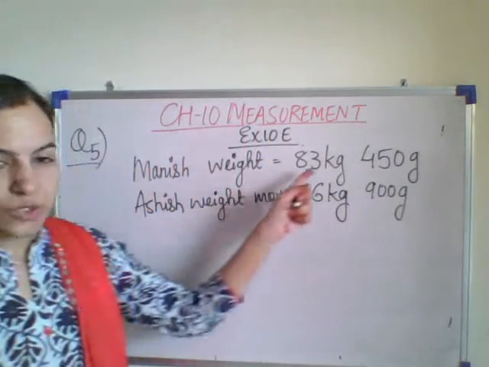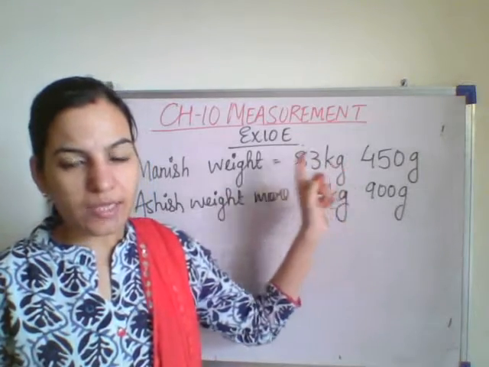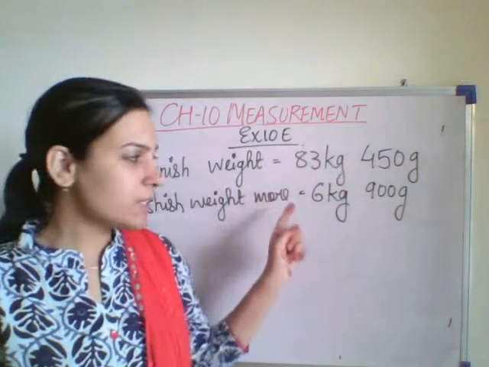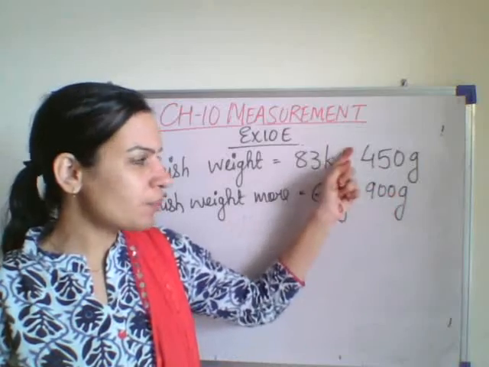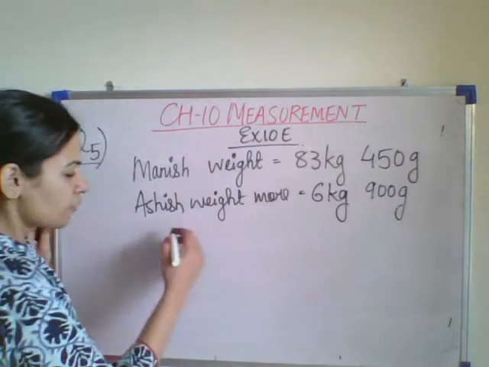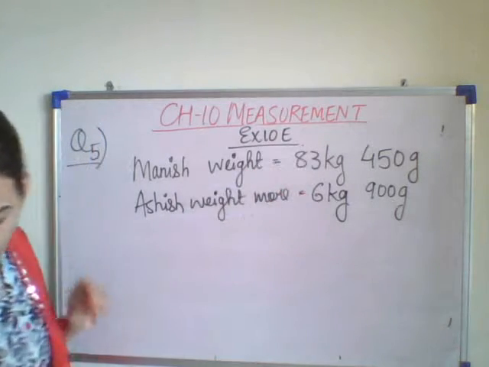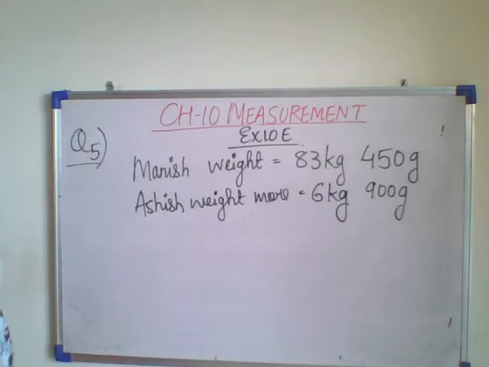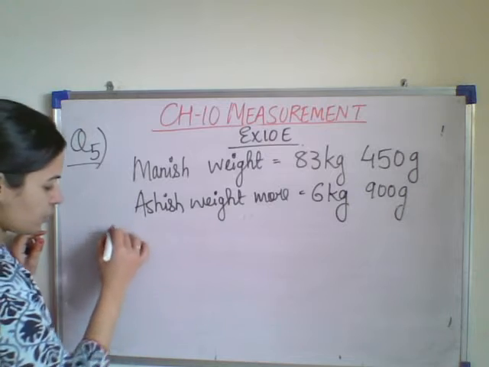The weight of Manish we know, and in the question it is given that Ashish weight is 6 kg 900 gram more than the weight of the Manish. So what we will be doing? We will be adding this 2 and then we will be getting the weight of Ashish.